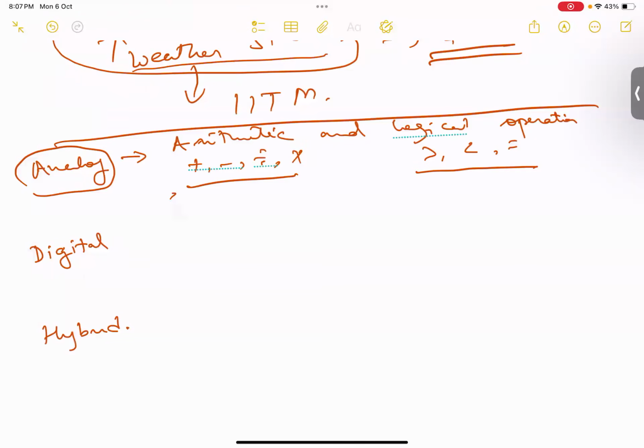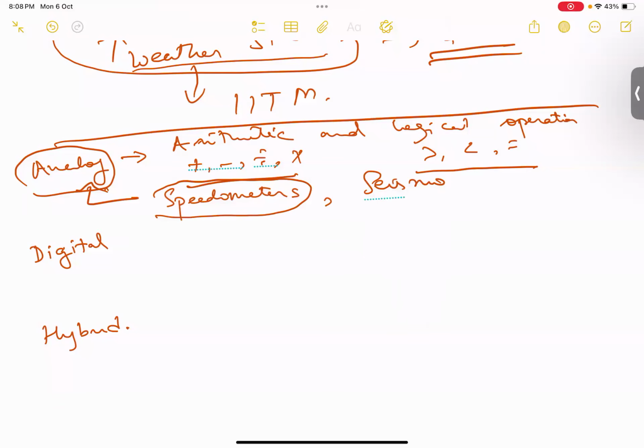And some of the examples are speedometers. If you look at a vehicle, there's an indicator of how fast you are going, right? That is a speedometer, and that speedometer is a simple analog computer, okay? Apart from the speedometer, another device based on analog computing is the seismograph, okay?